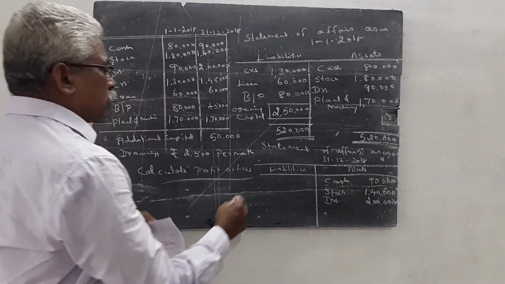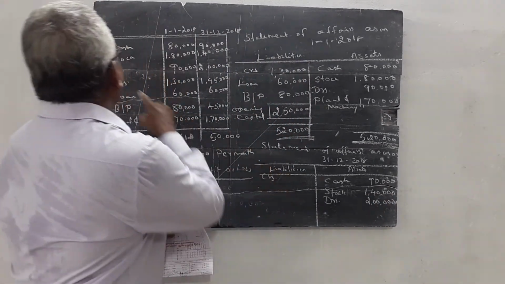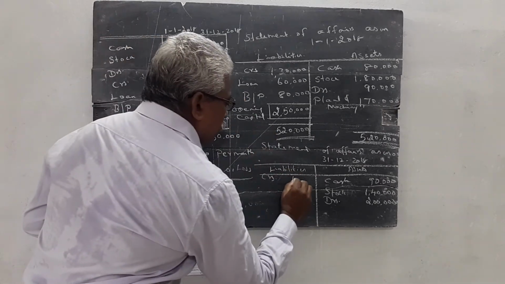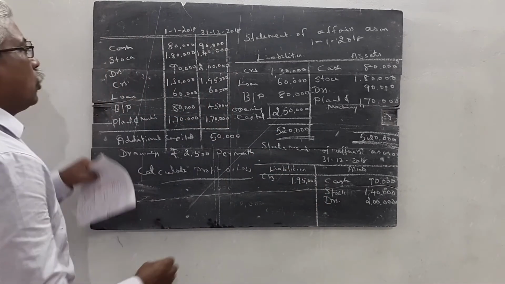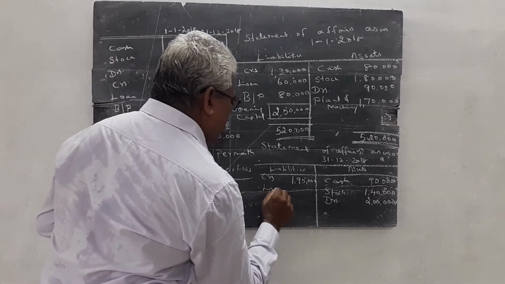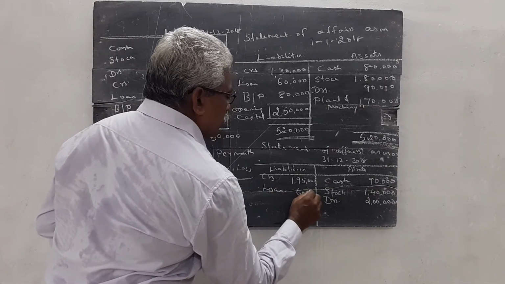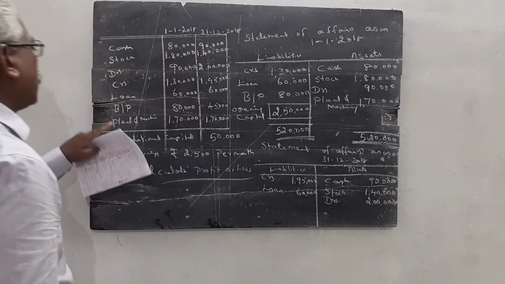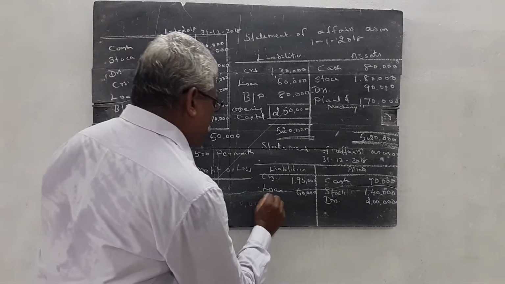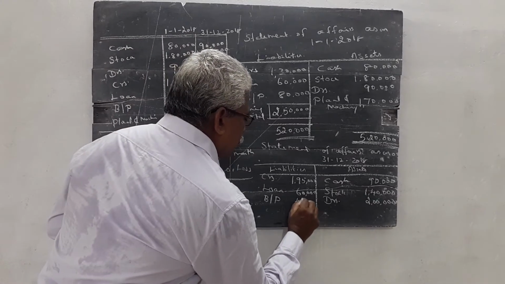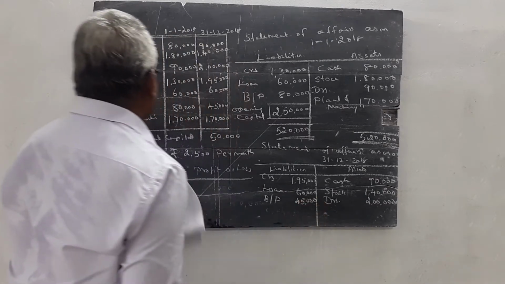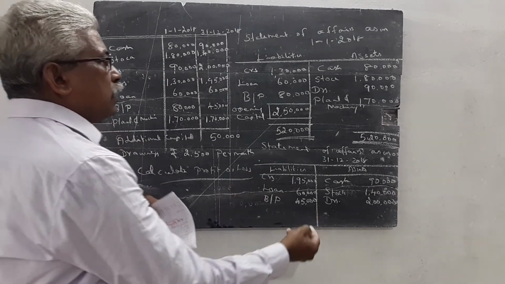Then creditors 1,95,000. Then loan 60,000. Then bills payable 45,000. Then plant and machinery is an asset, so it comes here.